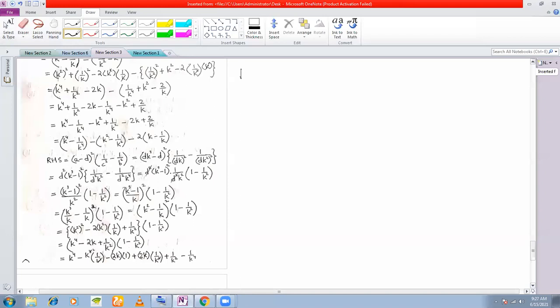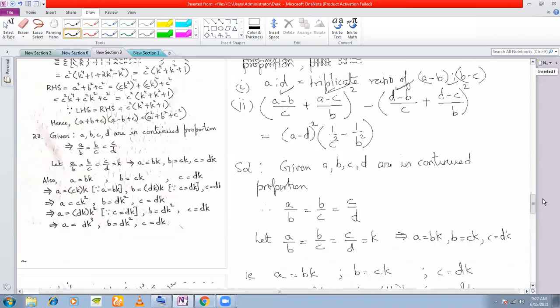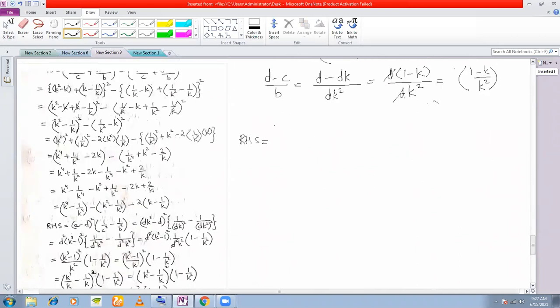Right hand side here is a minus d whole square into 1 by c square minus 1 by b square.